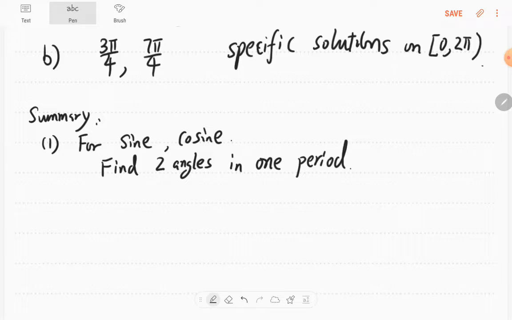In general, it would be from 0 to 2 pi, or you can choose another period, for example, from 2 pi to 4 pi. It doesn't matter, but at last, you have two angles, then you need to add a multiple of 2 pi on each angle to get the general solution. In general, we will choose the principal period from 0 to 2 pi.